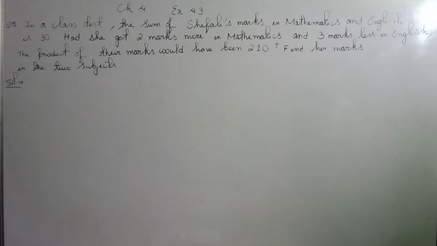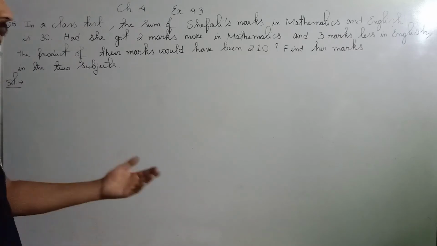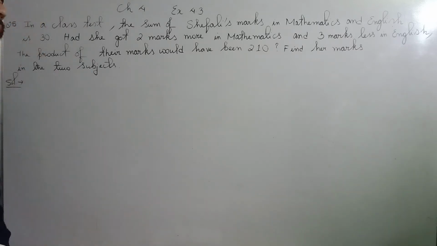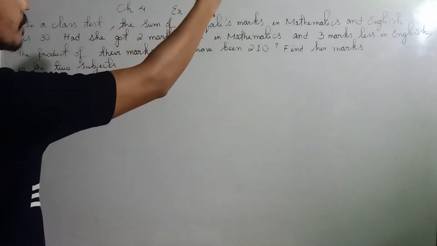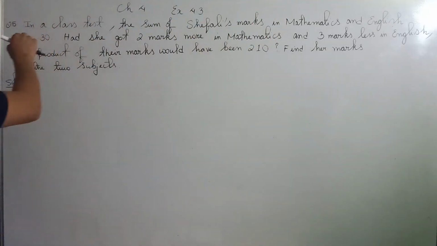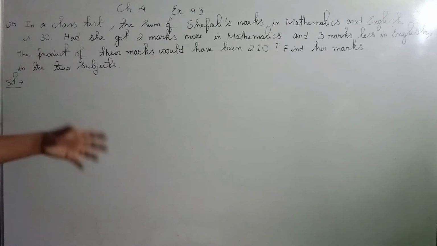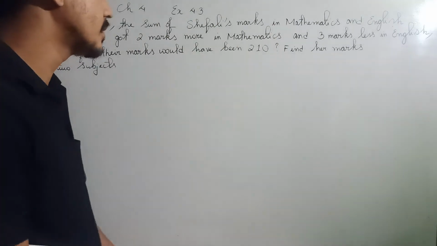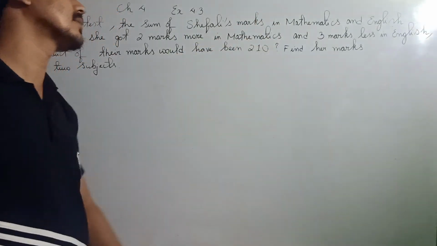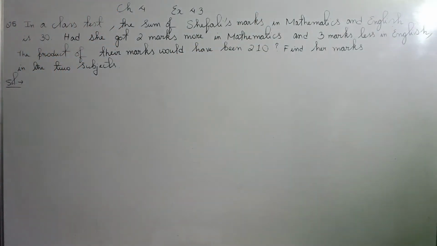Alright? So it's given that if she adds up Shefali's marks in mathematics and English, it comes to be 30. That means the sum of Shefali's marks in maths and English is 30. So if we consider her mathematics marks to be X, then her English marks will be how much?